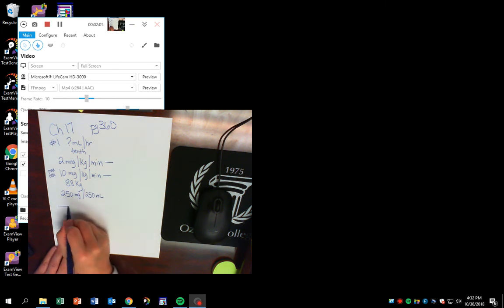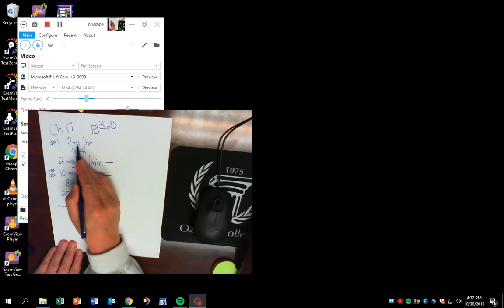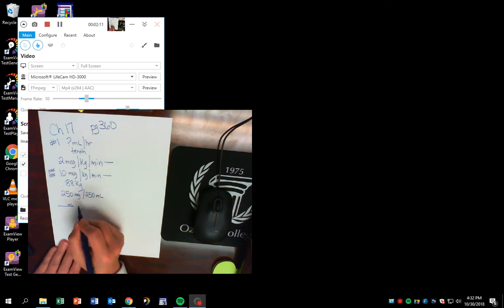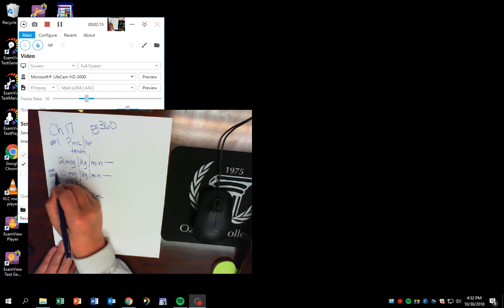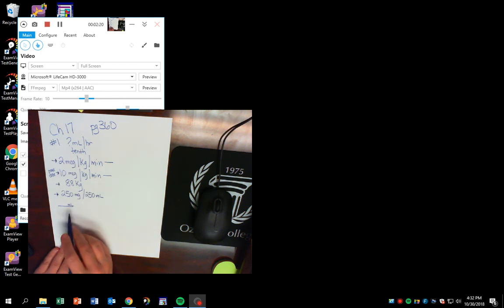So I'm going to have 2 problems here, but I'm going to start both of them with milliliters because I'm solving for milliliters per hour. I'm looking for milliliters in my information, and I have 250 milliliters equal 250 milligrams.